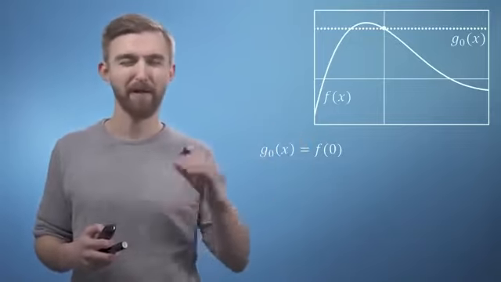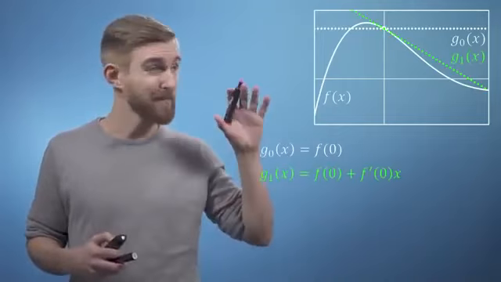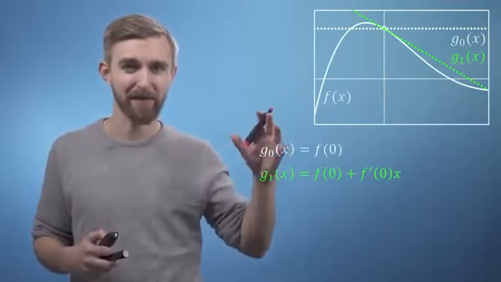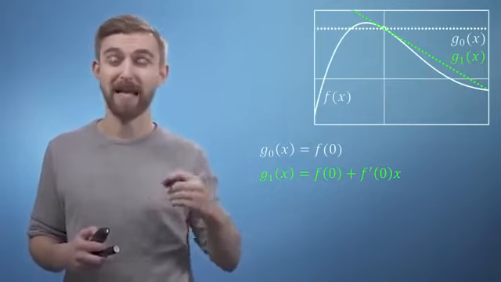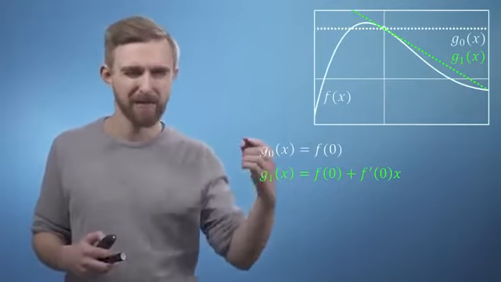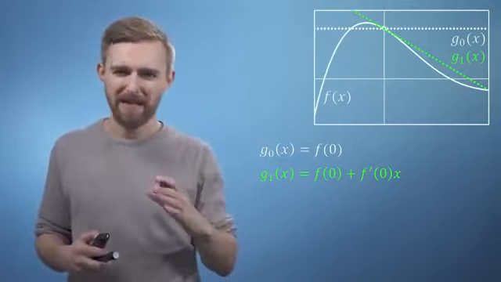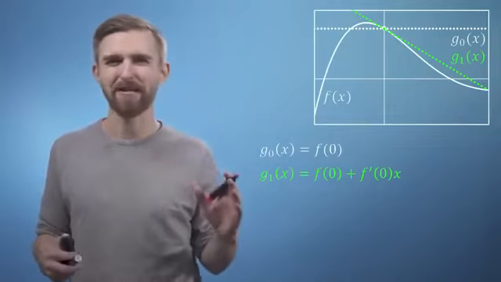So we can now plot our first order approximation to the function, which has the same value of the gradient and of the function f of x. And we can also write down its expression: g1 of x is f of 0 plus f dash of 0 times x. This thing clearly does a better job than g0 at approximating f of x near the point x equals 0, but it's still not great.